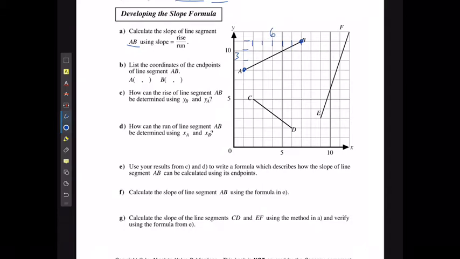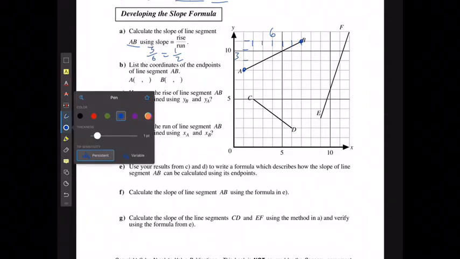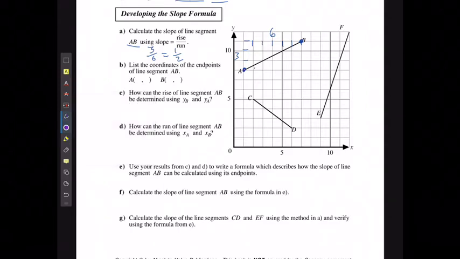So I'm going to say that this would have a slope of 3 over 6, or 1 over 2 as a reduced fraction.